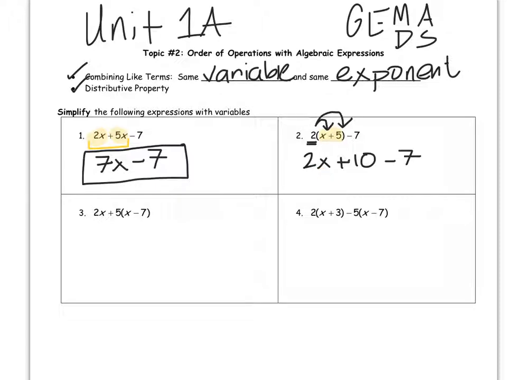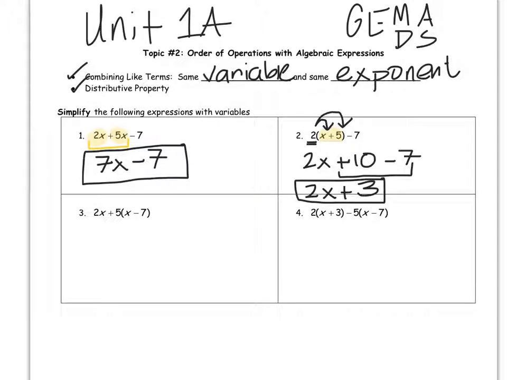So I'm going to move on to my next operation, which is subtraction. Positive 10 minus 7. I can combine those because they're like terms. So 10 minus 7 is a 3. So now I leave my 2x the same, and I have it plus 3. And that is my final answer.